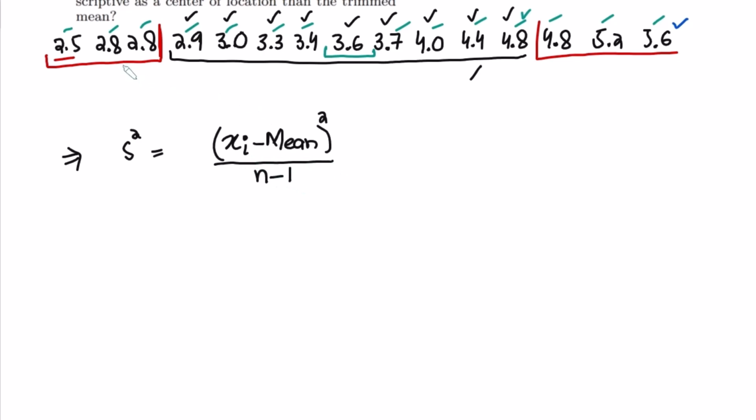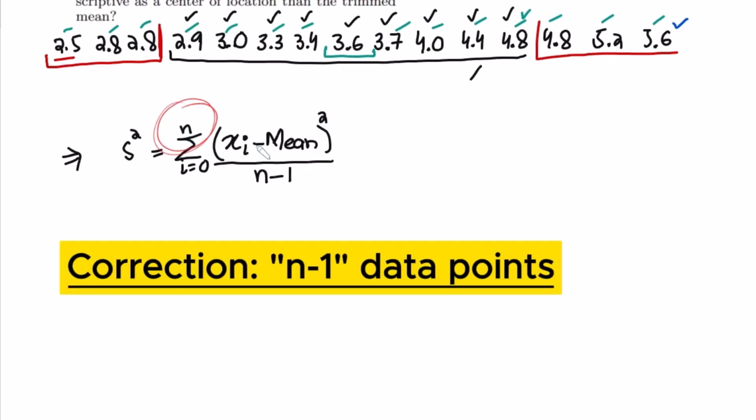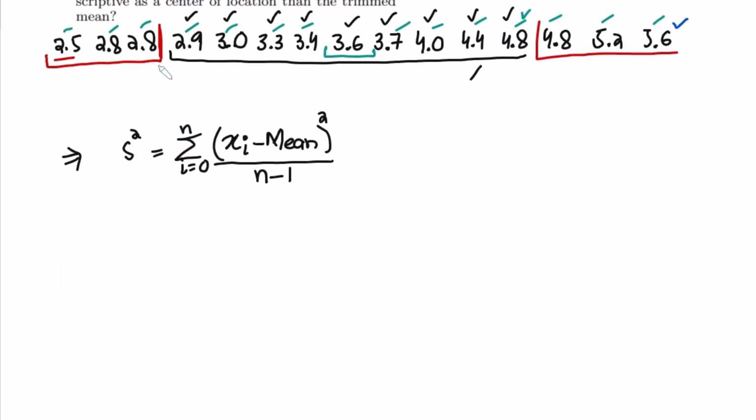As we have many points here, I have to subtract the mean from each of these points, which are xi, and this i starts from the first data point and ends at n. So all the data points which we have here, we have to subtract the mean from, square them, and then add them together, and at the end divide it over n minus 1.